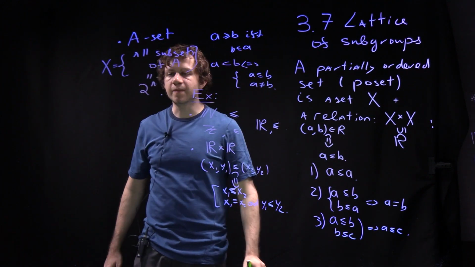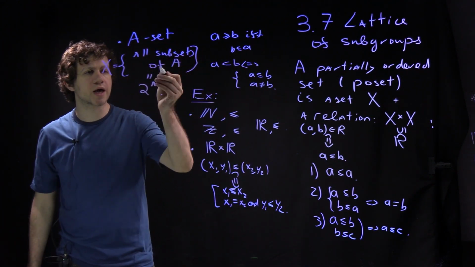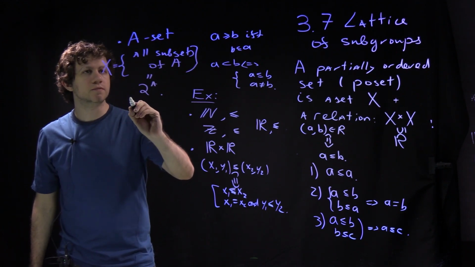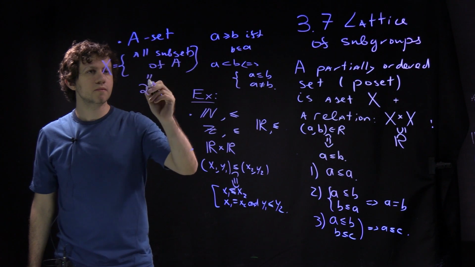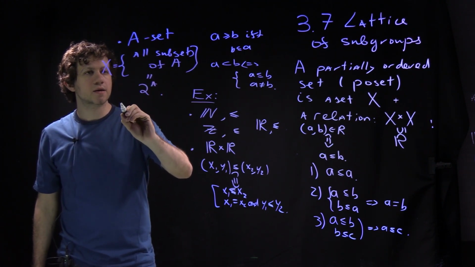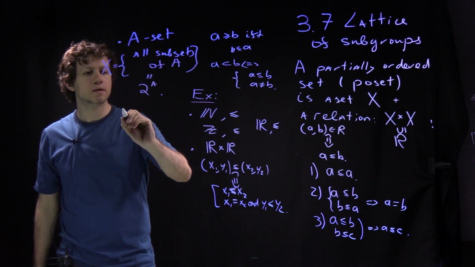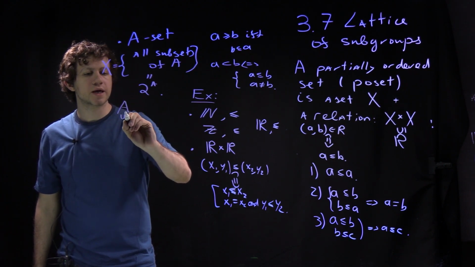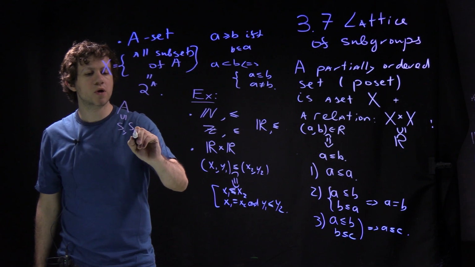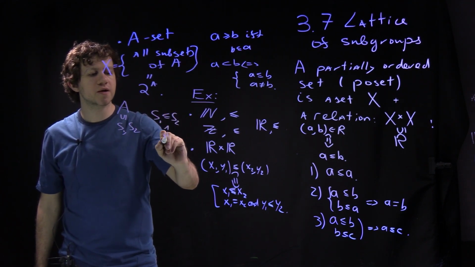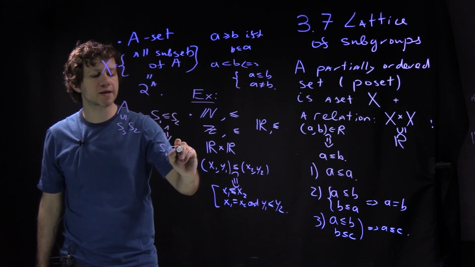So all subsets of A. And then we need this ordering, so for two subsets S1, S2, S1 is less or equal than S2 if and only if S1 is contained inside S2.